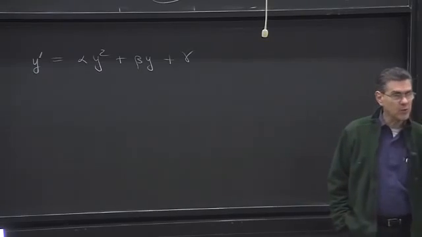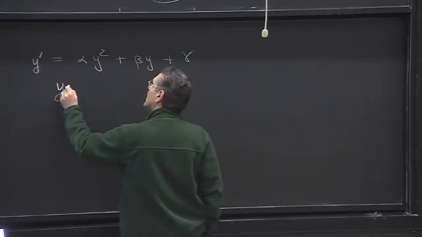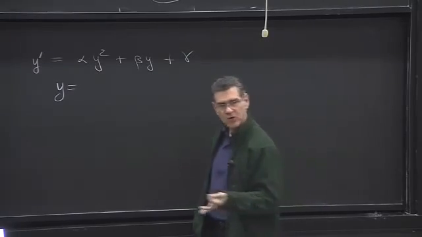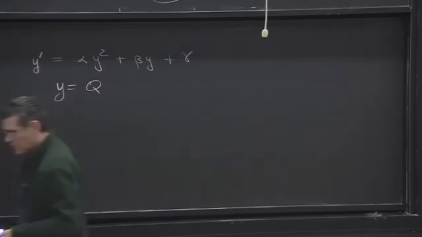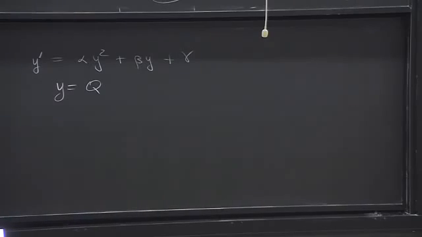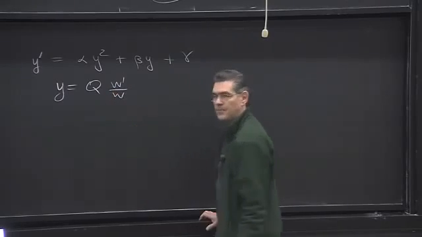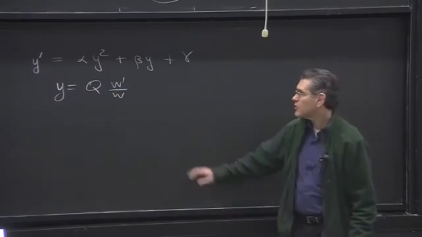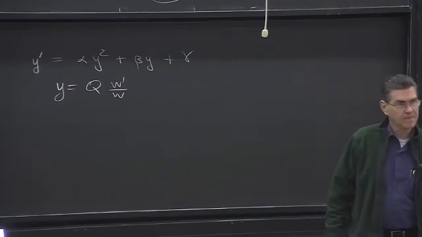There's a standard technique, which is to say let y be some unknown function that we're going to determine, just the way we determined this function u over here. So it's some unknown function q times, say, w prime over w. This is called the Riccati substitution. It's very, very clever.